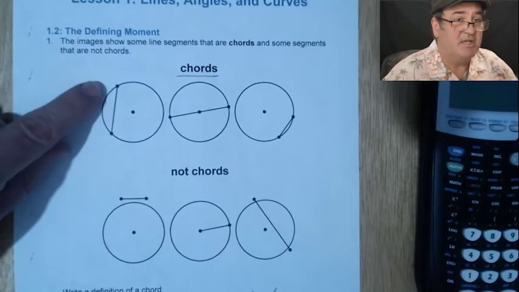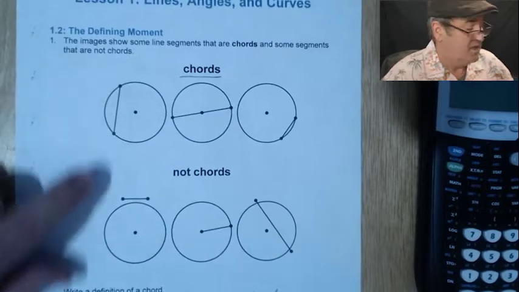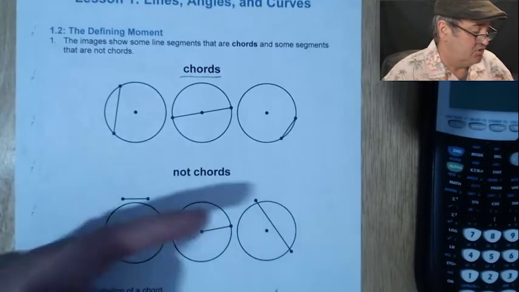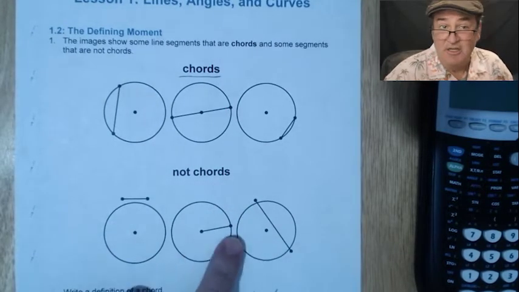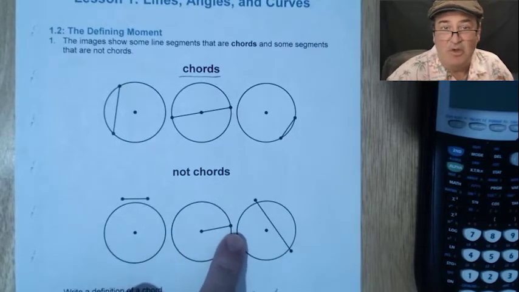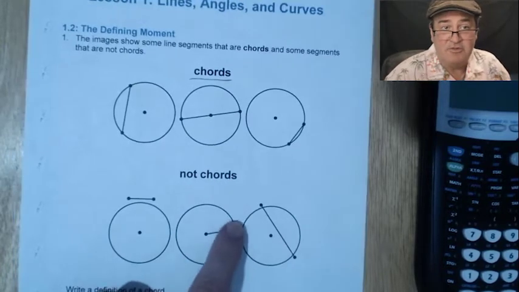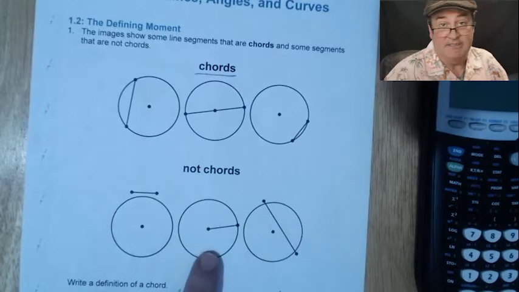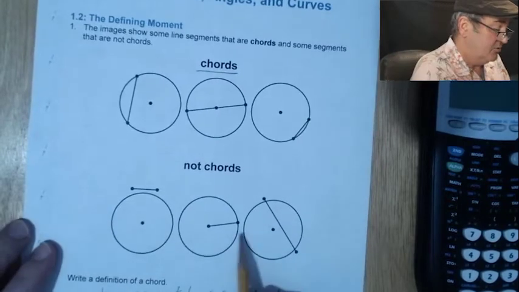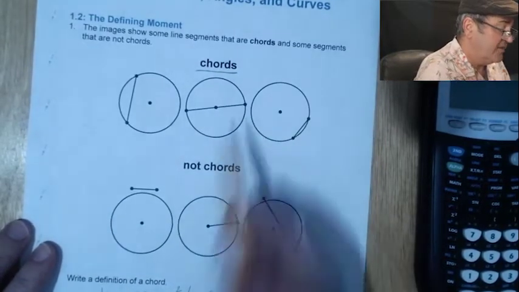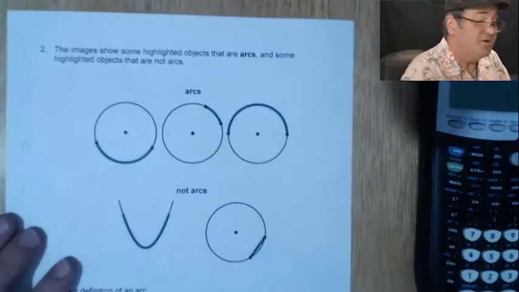Because it starts and ends on the circle. These do not. So this one goes from the center to the circle, but that is not a chord. A chord would have to go from the circle to the circle, not from the center. That's a radius, right? We know that. So chords would look like that. All right, so let's move on. Review that if you need to.